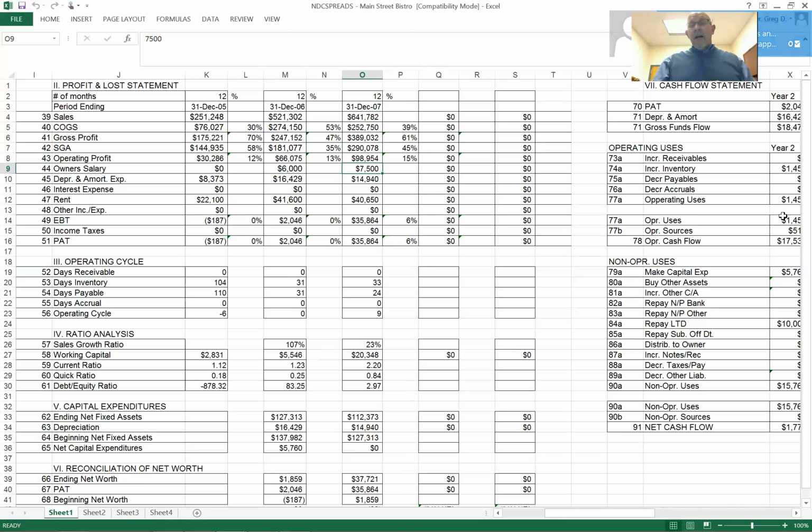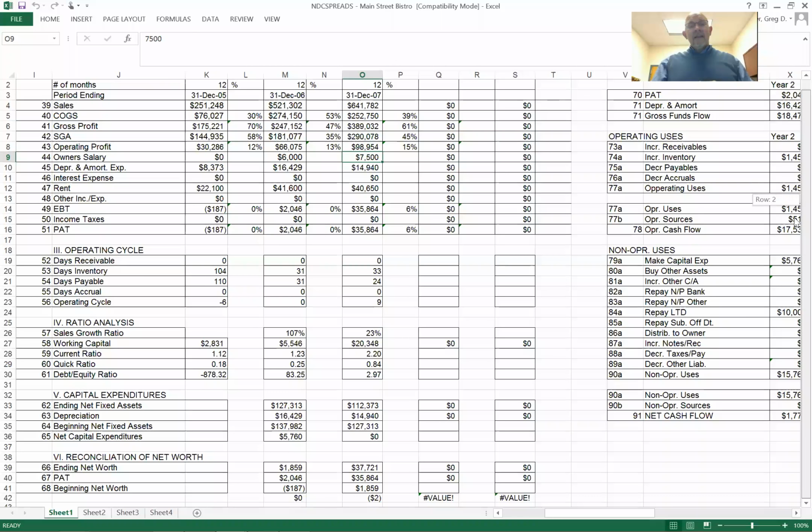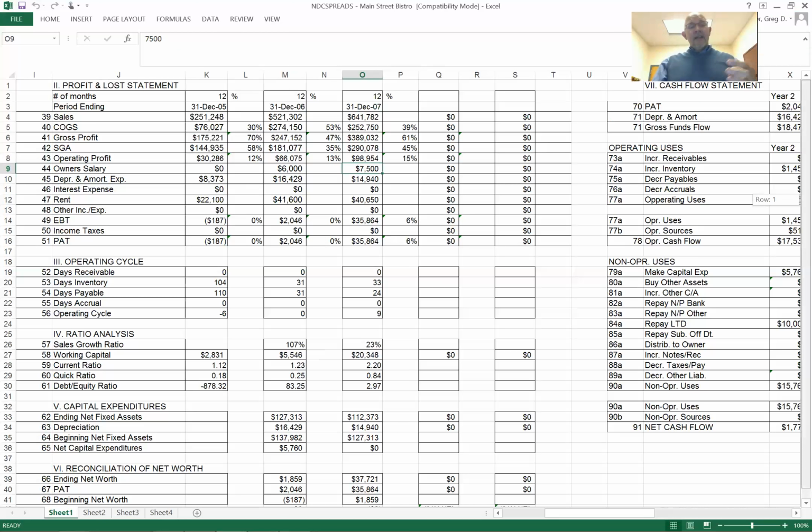Okay. So now if we go down, one of the things this does, based on cost of goods sold and accounts payable, is it allows us to calculate the operating cycle of the business. And if you look here, this is pretty typical for a restaurant. We don't have receivables because a restaurant's sales are typically cash. They don't have any accruals, and accruals are payroll related expenses.